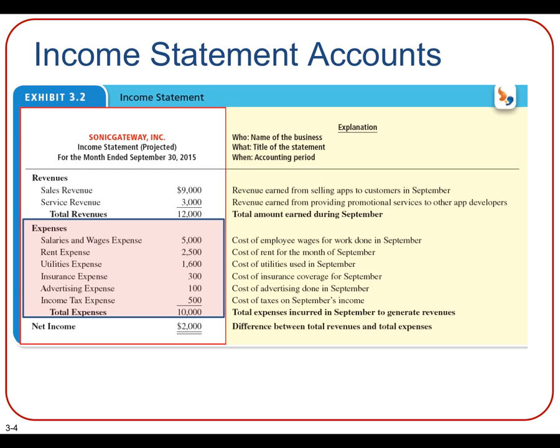And the difference between the revenue and expense we call net income if it's a positive number, or it could be net loss if it's a negative number. So if you recall again, net income is a part of owner's equity, right? So owner's equity includes common stock and retained earnings.